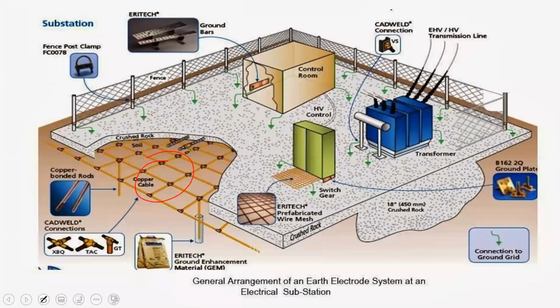All of this is your grid, and your grid would be right around the substation. Before they put in the substation, they would dig out or excavate all of that area and put in the grid. Then all the connecting points would come up for your various equipment.